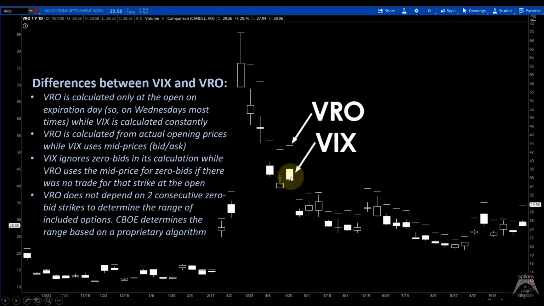And to really understand this price chart, because you can see now, if you always rely on VIX, and you think that you have futures or options, and as long as, for example, you were short something and the VIX value is here and it was not in the money, well, the VRO, which is the actual number that you're going to be settled to, is a different number.